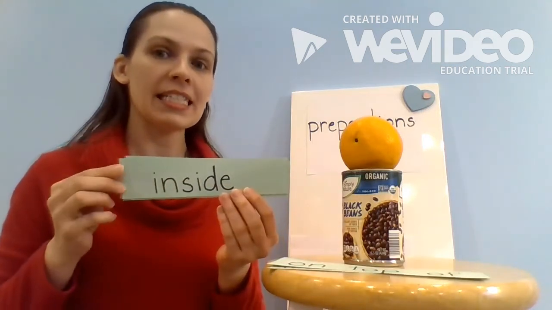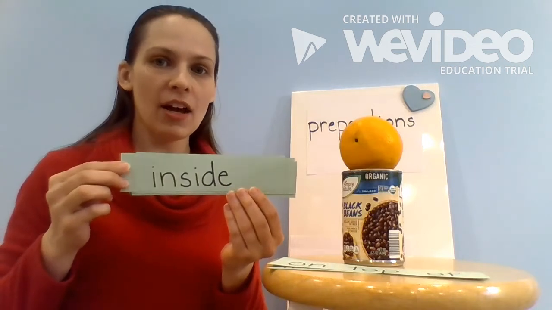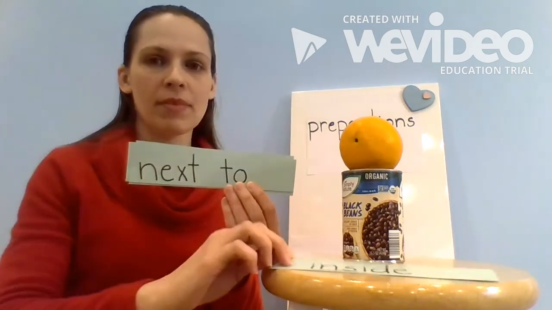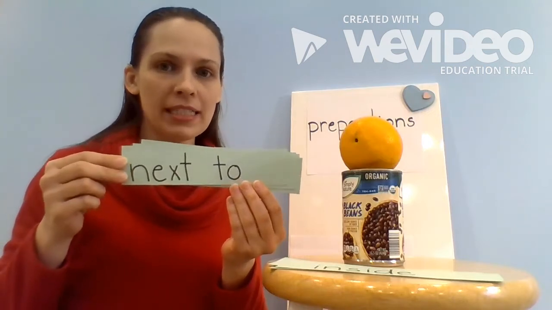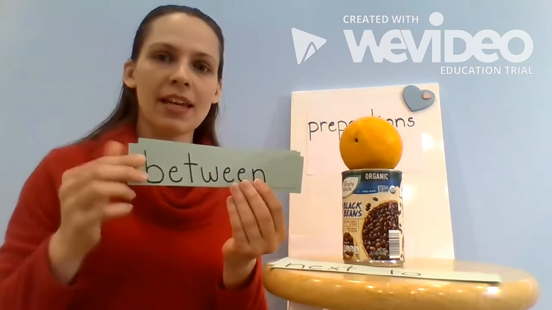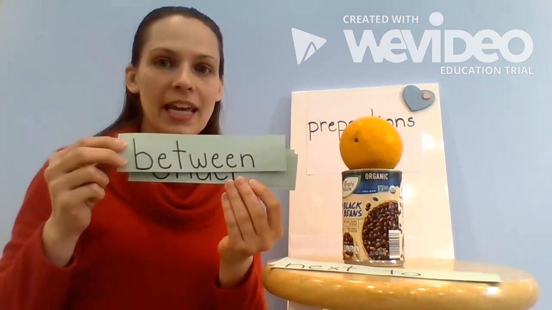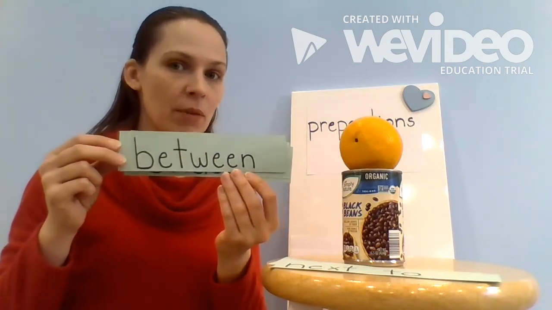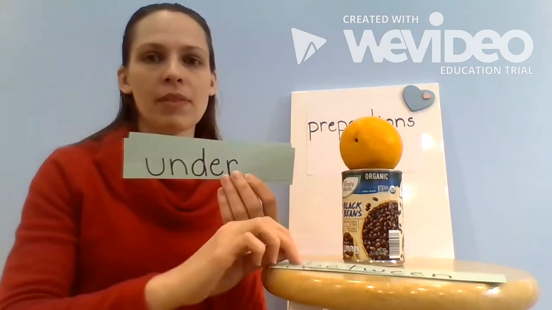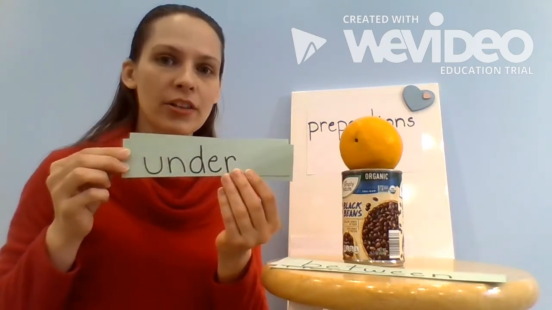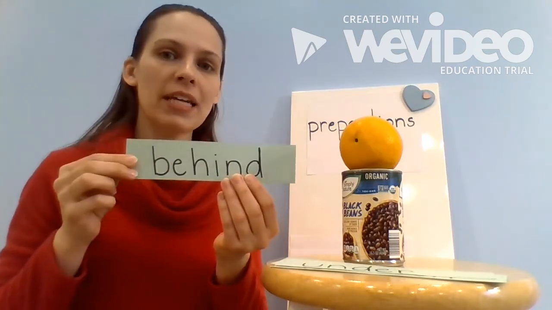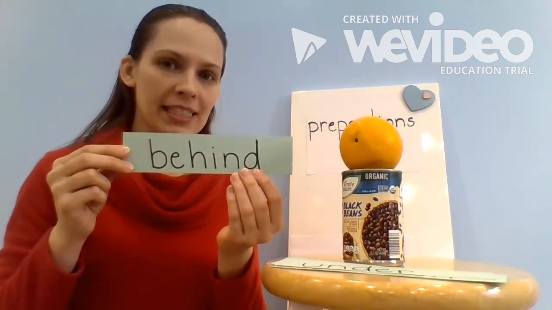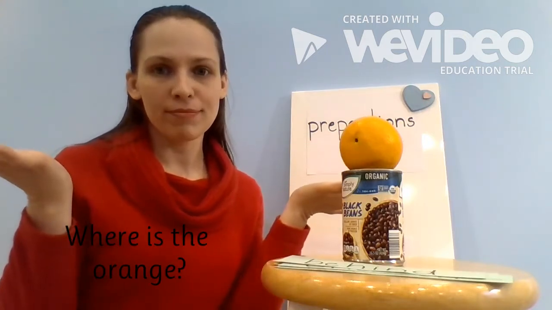Is it inside the can of beans? Is it next to the can of beans? Is it between the can of beans and something else? Is it under the can of beans? Is it behind the can of beans? Where is the orange?